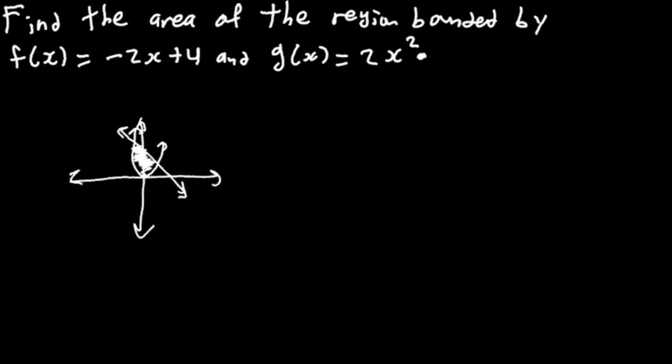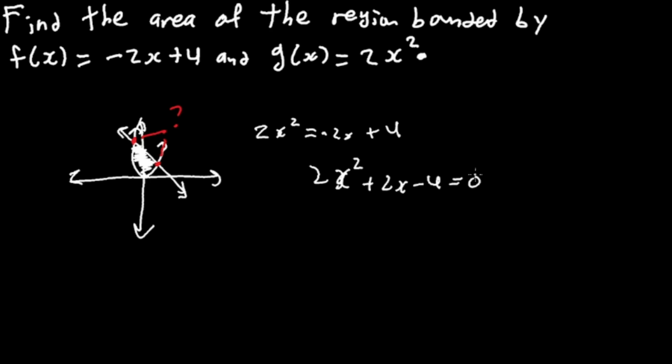So first things first, we want to find what these intersection points are. We do that by setting the two functions equal to each other. So 2x squared is equal to negative 2x plus 4. If we add 2x and subtract 4 from both sides, we get 2x squared plus 2x minus 4 is equal to 0. I can divide everything by 2, and I get x squared plus x minus 2 equals 0.